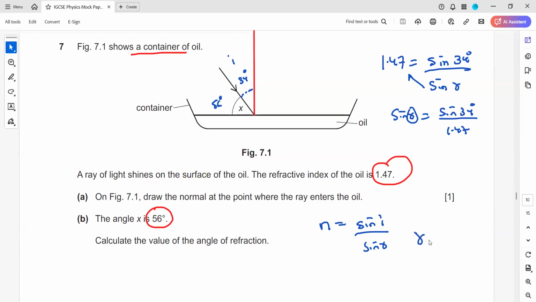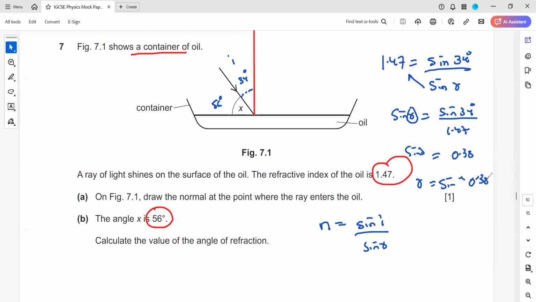What's the answer? Sine 34 divided by 1.47 is 0.38. Then take the sine inverse of this number.